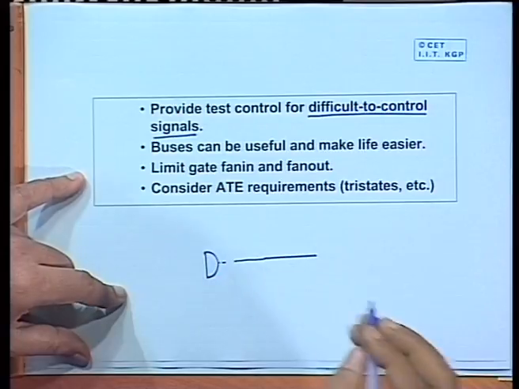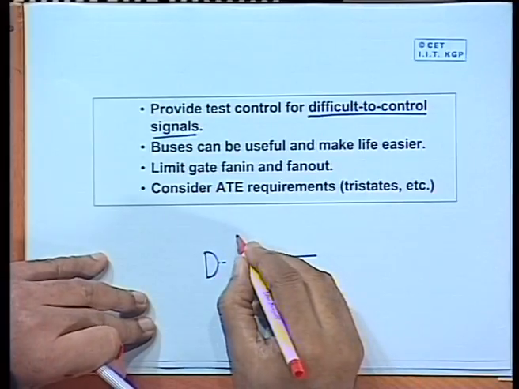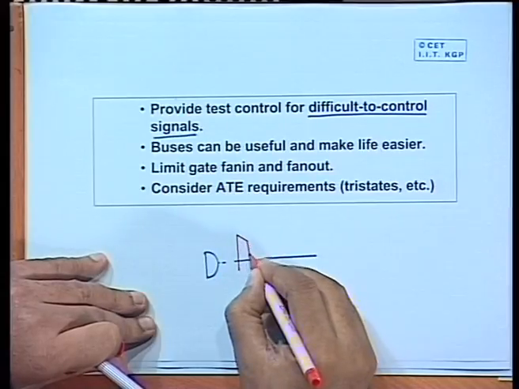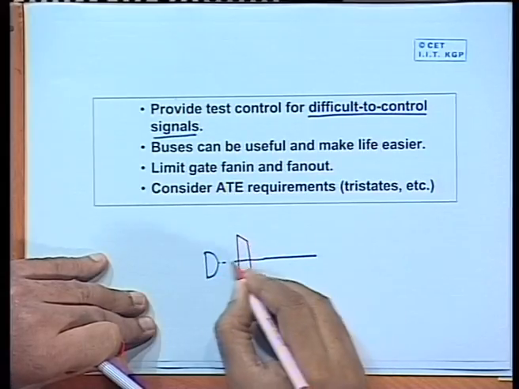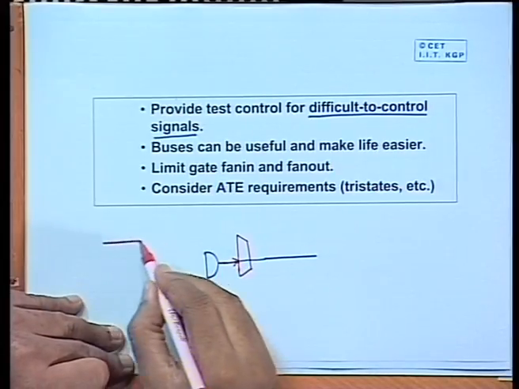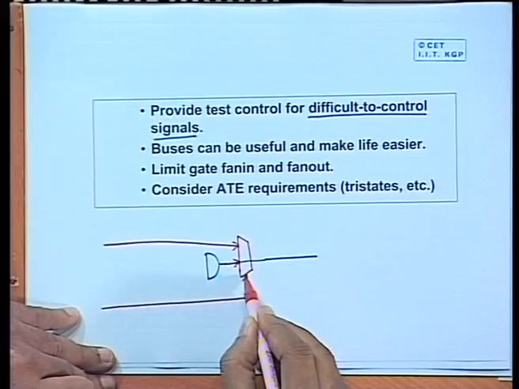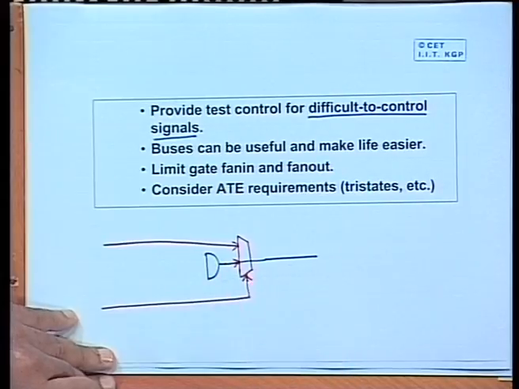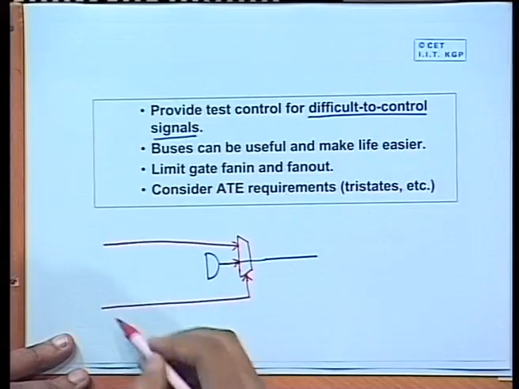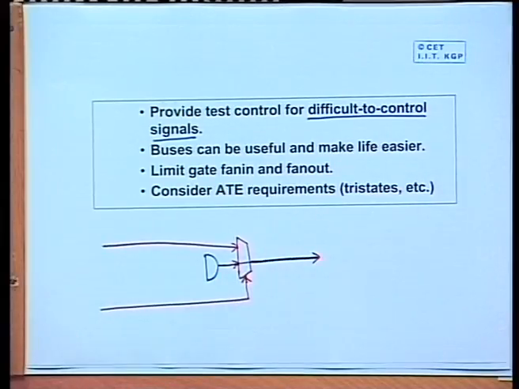So, what you do as a modification is that you introduce a multiplexer. One input of the multiplexer is coming from the gate, the other input is coming from the primary input, and you also have the control of the multiplexer from the primary input. So, by controlling these two lines, you can directly control the value of this logic value if the need arises during testing.